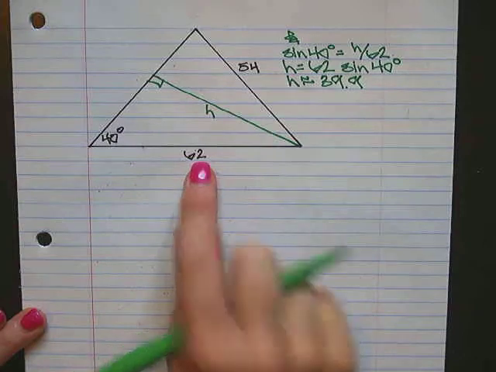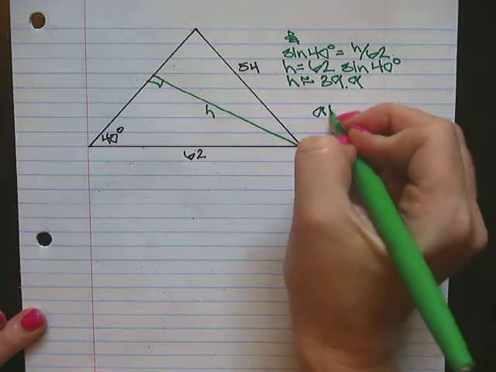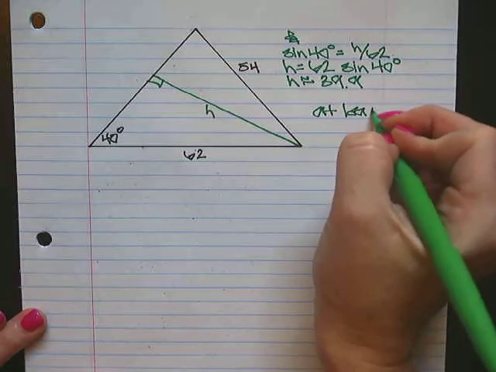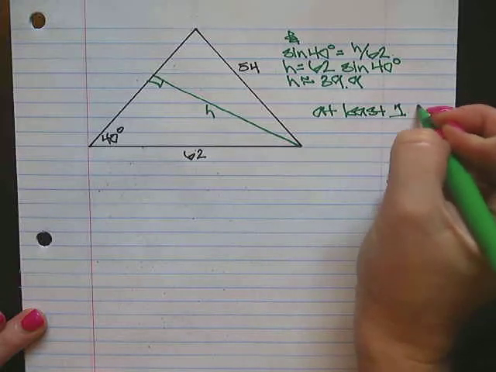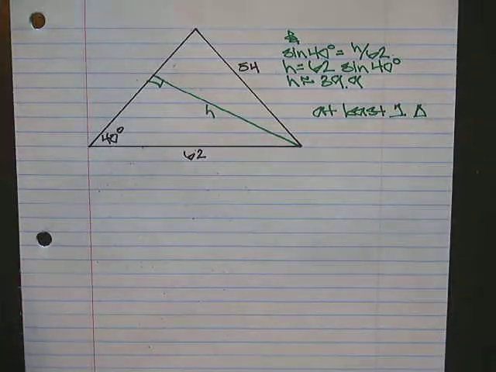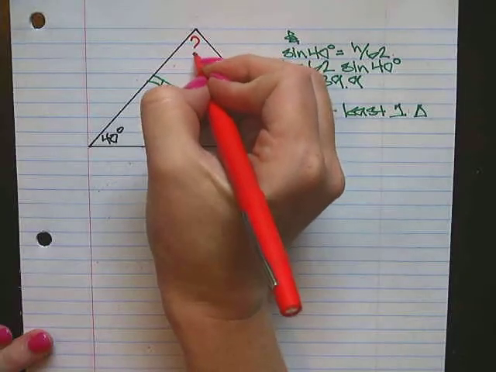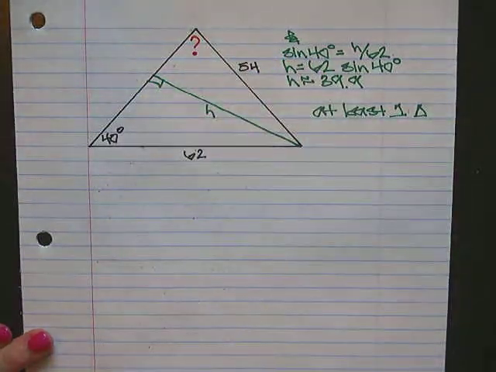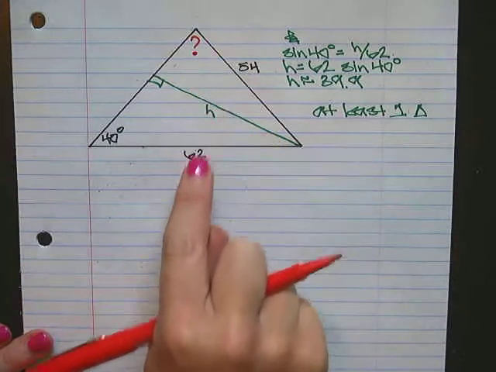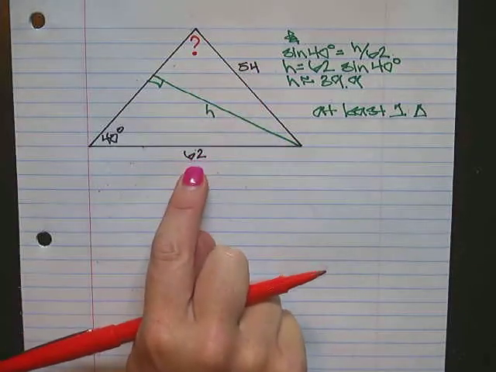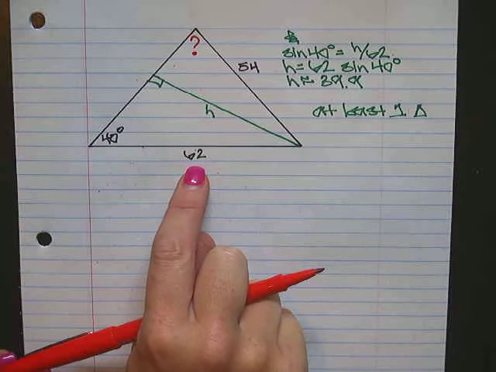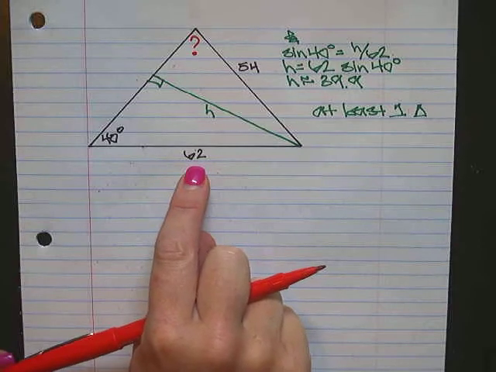So H is 62 sine 40, which is 39.9. Since H is smaller than both of these sides, we are guaranteed to have at least one triangle.